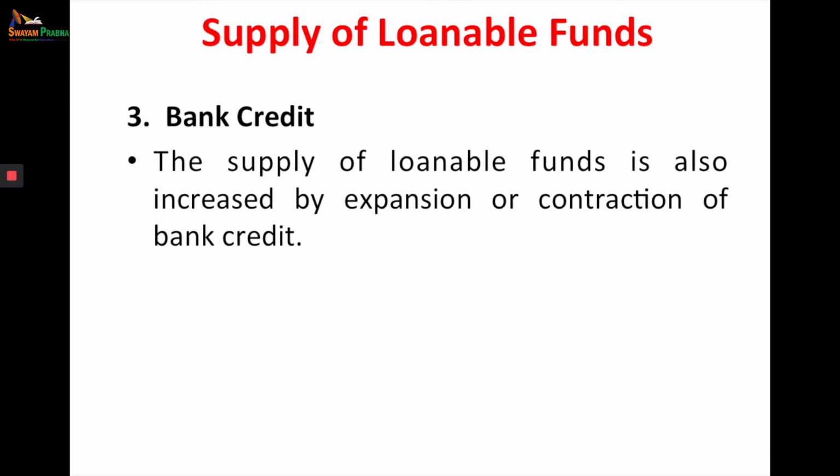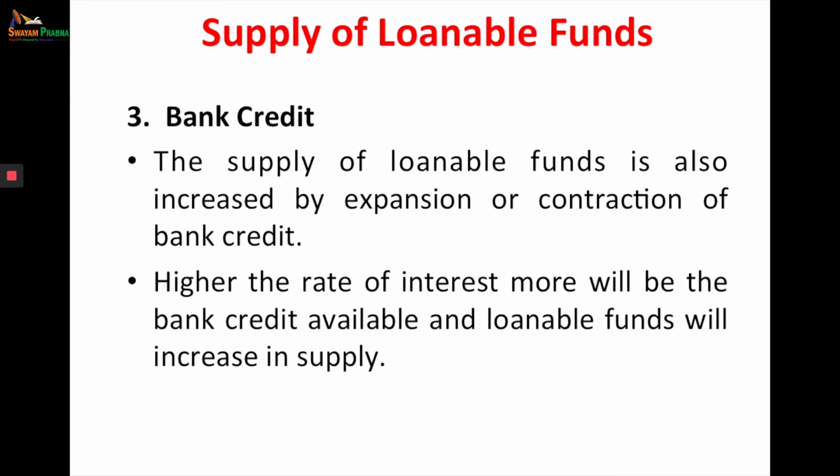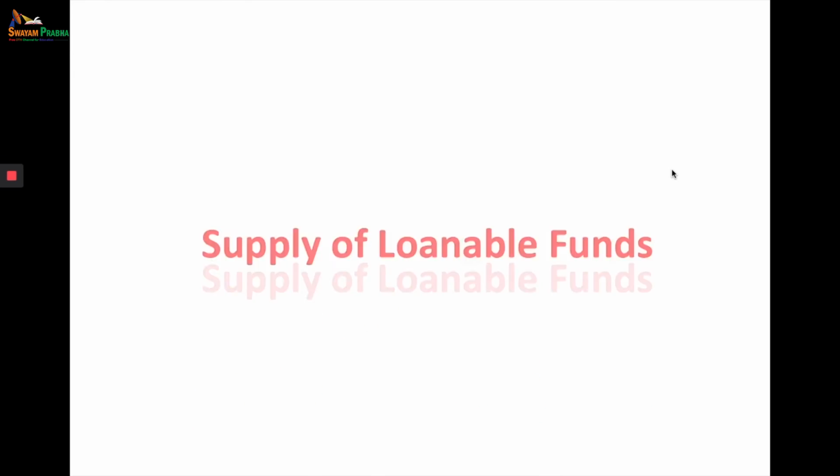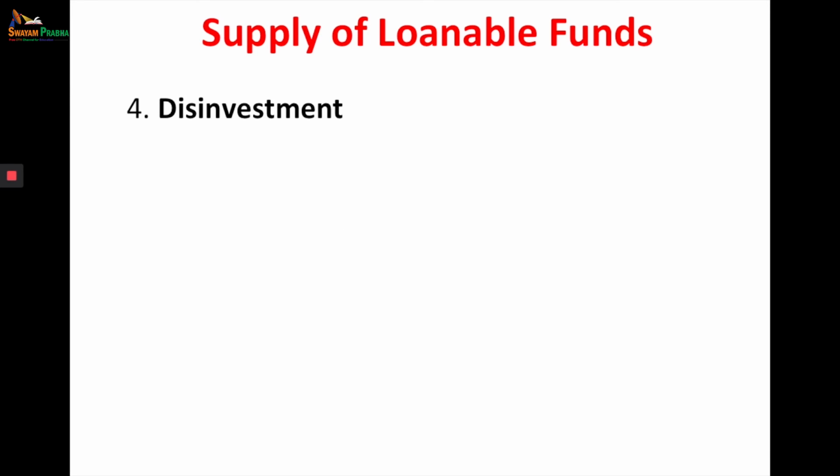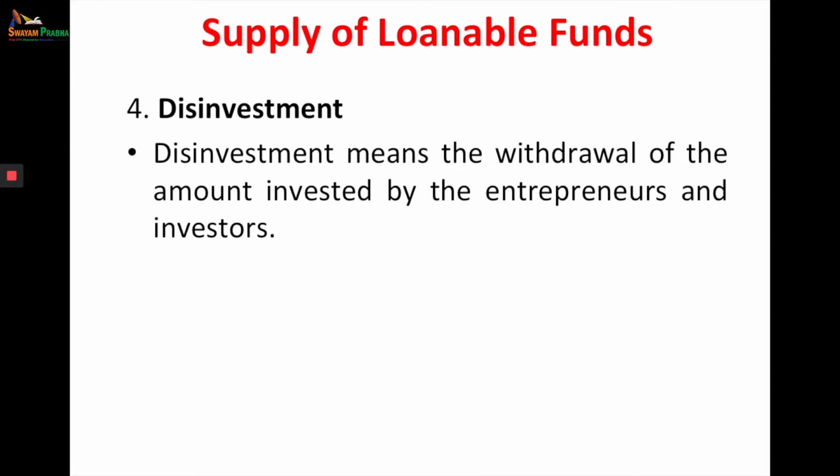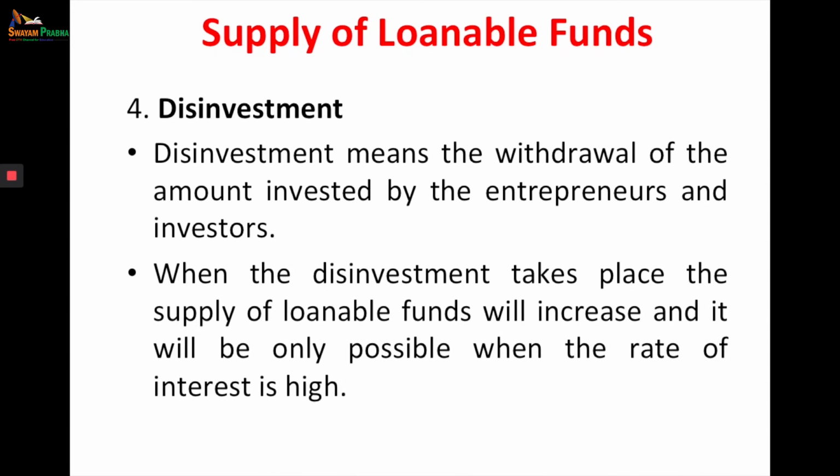Third, bank credit. The supply of loanable funds is also increased by expansion or contraction of bank credit. The higher the rate of interest, the more the bank credit, and it will increase the supply. Fourth, disinvestment. Disinvestment means the withdrawal of the amount invested by entrepreneurs and investors.